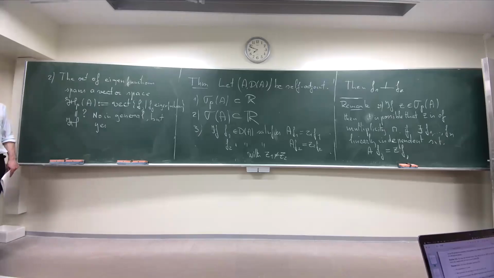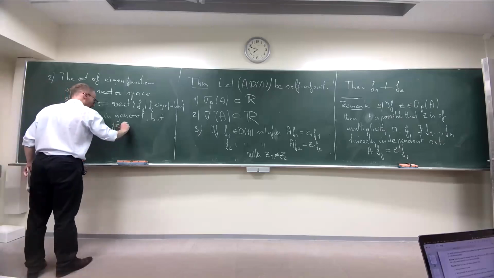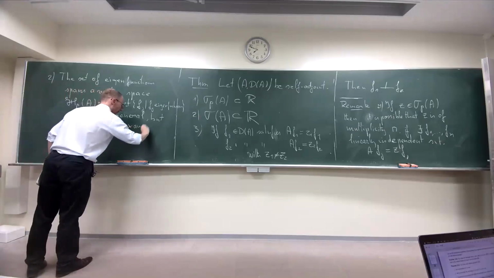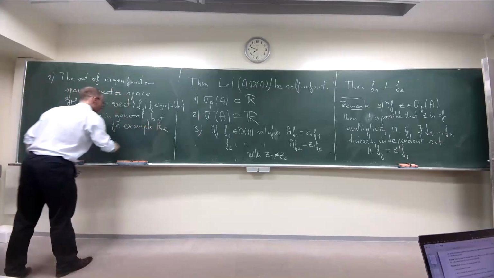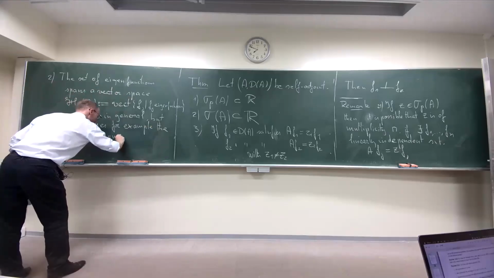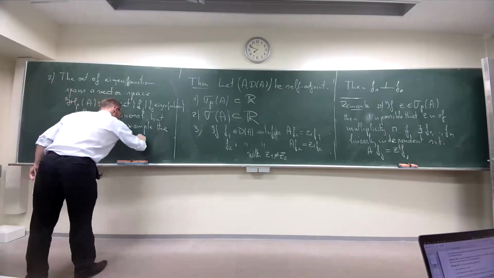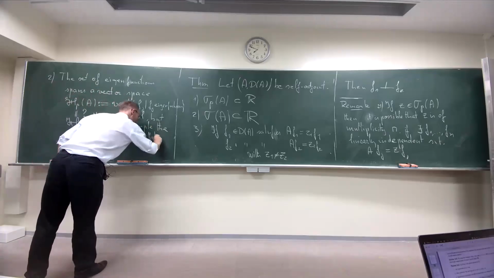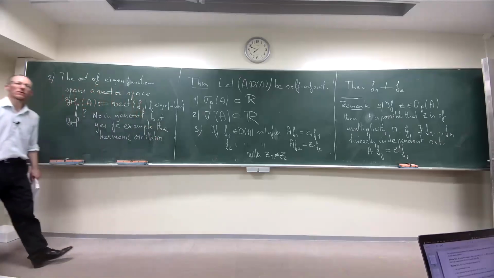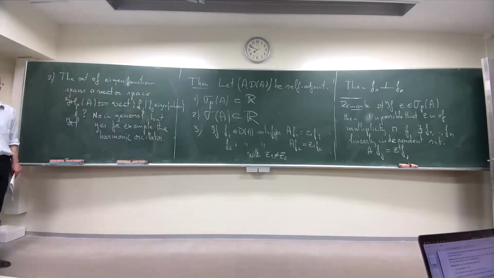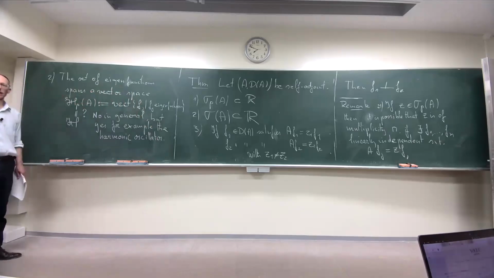Okay, but something more fun. Can you guess an example? You have heard about the harmonic oscillator. Probably you know the harmonic oscillator. Yes, for example, the harmonic oscillator, I will speak about this in a few minutes, where you have only eigenvalues. You have no spectrum which is not an eigenvalue, which means you have an equality here.